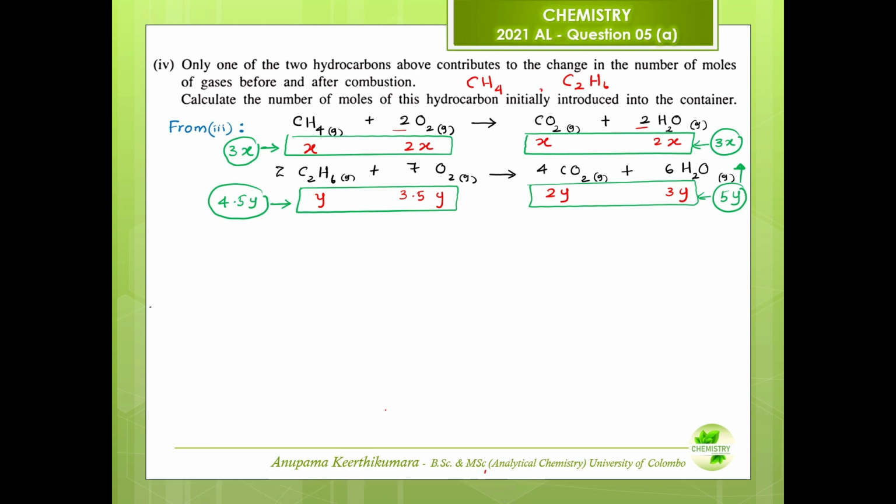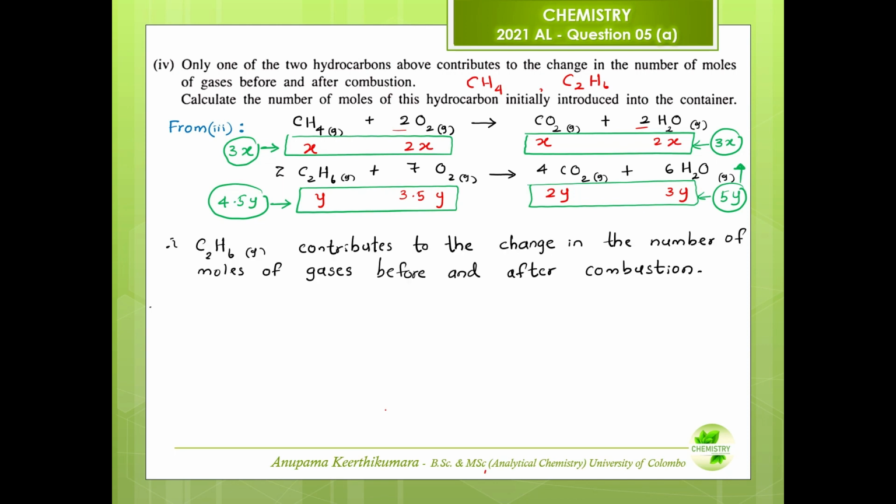Therefore, that is the answer for the first part, because you have to find out the gaseous hydrocarbon which increases the number of moles of gases after the combustion. Therefore, you can write C2H6 gas contributes to the change in the number of moles of gases before and after combustion. Now move to the calculation part.